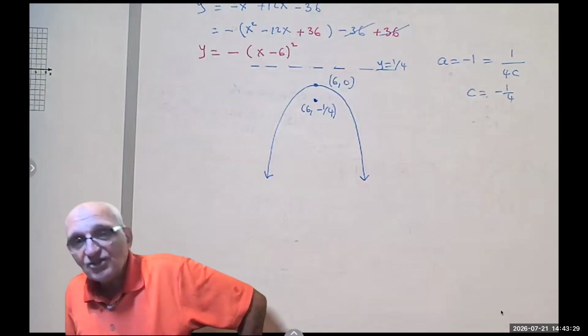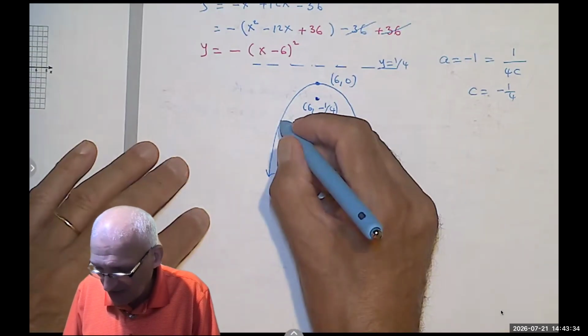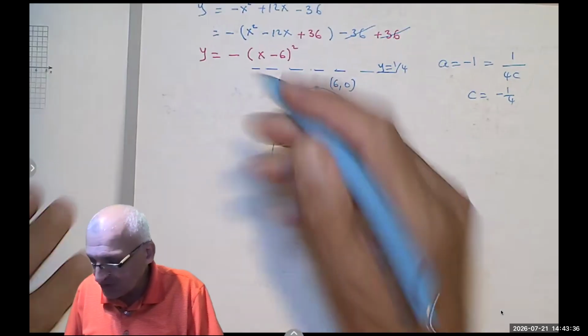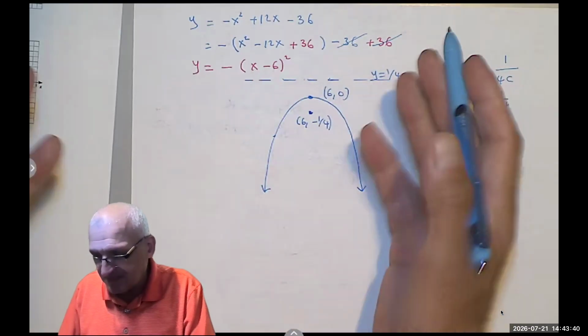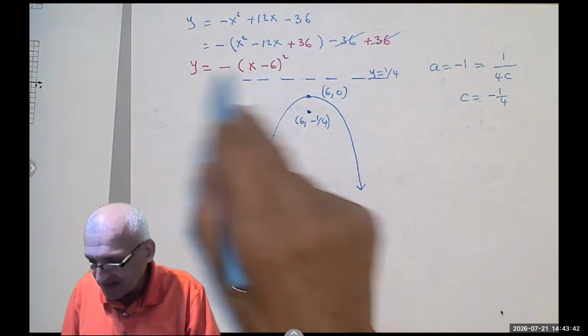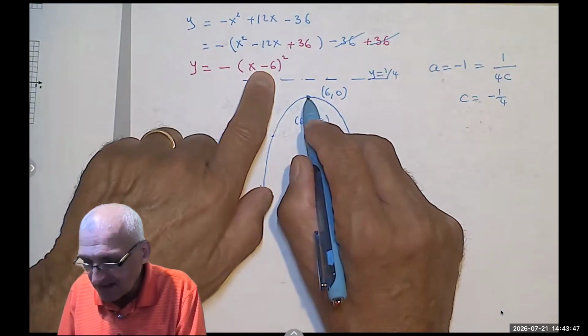And in fact, you can always check, meaning you can pick any point here. So for example, you substitute x is 6, right? You get (6, 0). Of course, we know that. But what if x is 0?